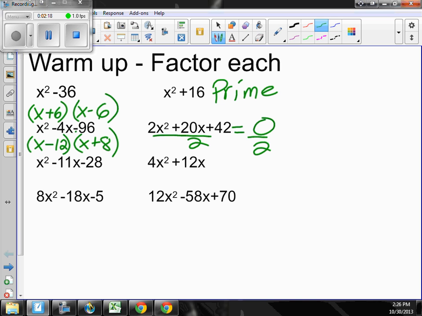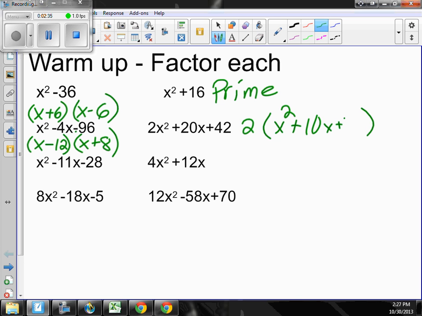But is 2 a factor of that equation? Yes, so it needs to stick around. If we're looking for all of the factors, the 2 needs to be included. And then it turns it into x squared plus 10x plus 21.